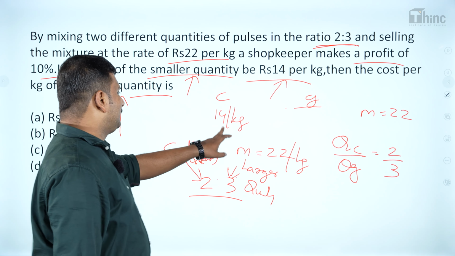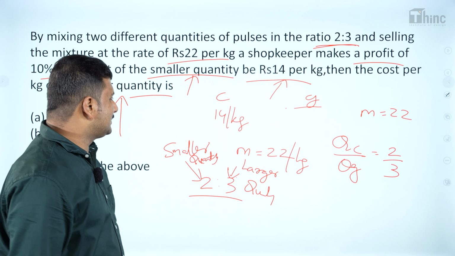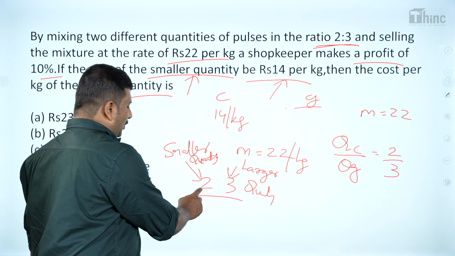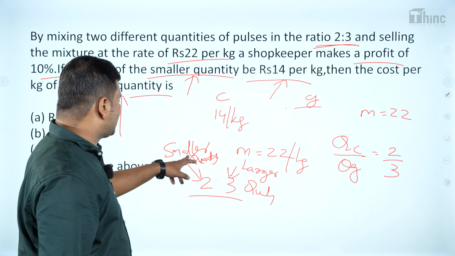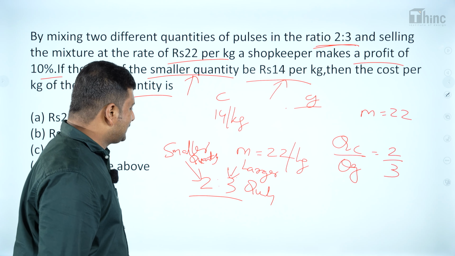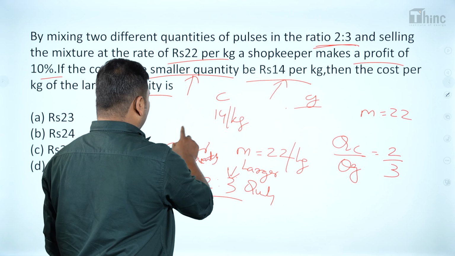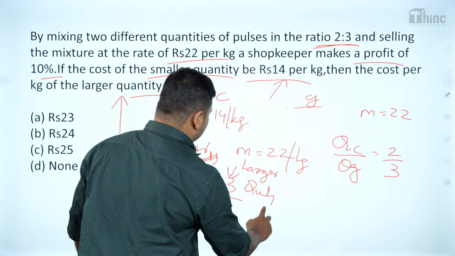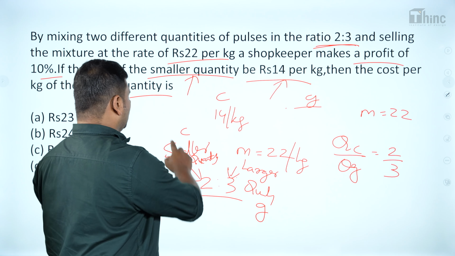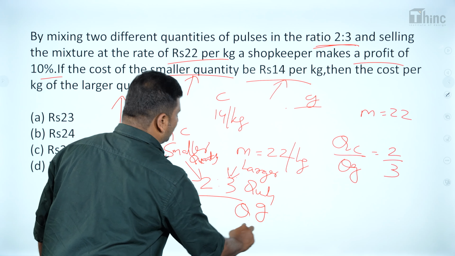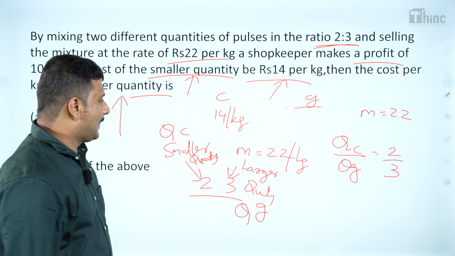The smaller quantity is the cheap one, because the one with 14 per kg is the cheap one, and the larger quantity is the good one. So QC by QG is nothing but 2:3.